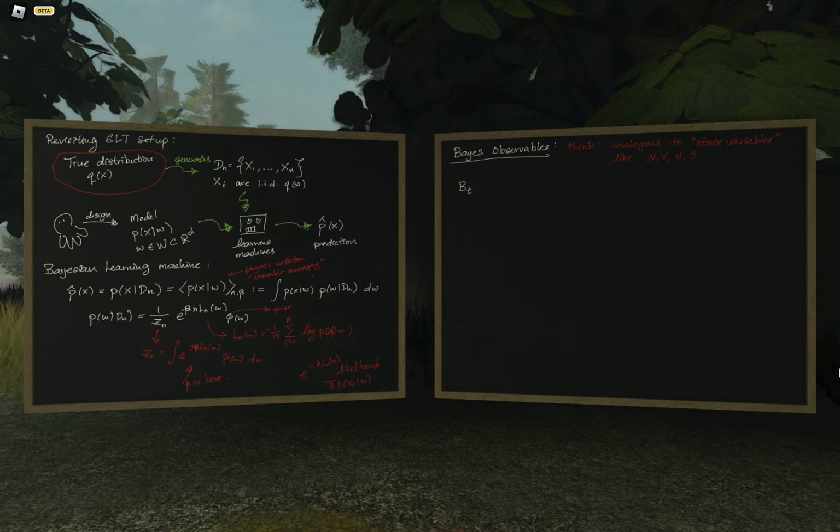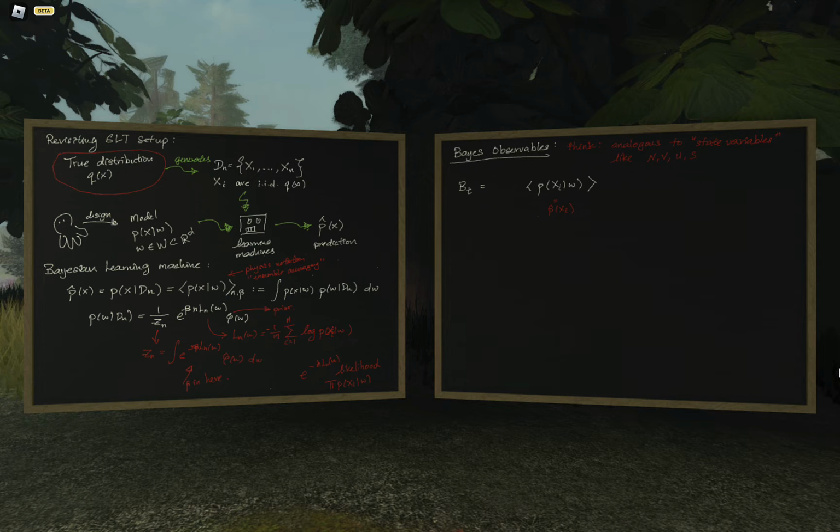But anyway, so we have the Bayes training error. This is equal to, well, we can evaluate how good our p hat is. So remember, p hat is the Bayes average over w. Whenever you see an angle bracket, it's averaging over anything that depends on w in it. So for each data point, that's the prediction, p hat of x_i.